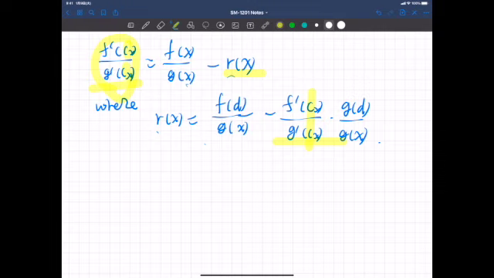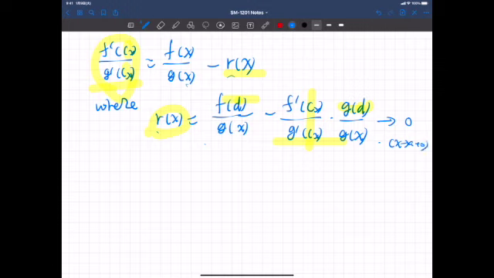In this r of x, f of d is a finite value, and g of d is also a finite value. And g of x will diverge to infinity or negative infinity as x approaches a from the right. So as a whole, this r of x converges to 0 as x approaches a from the right.